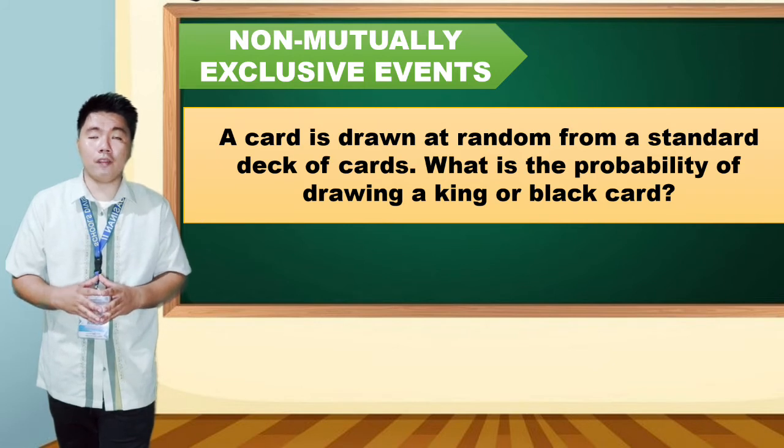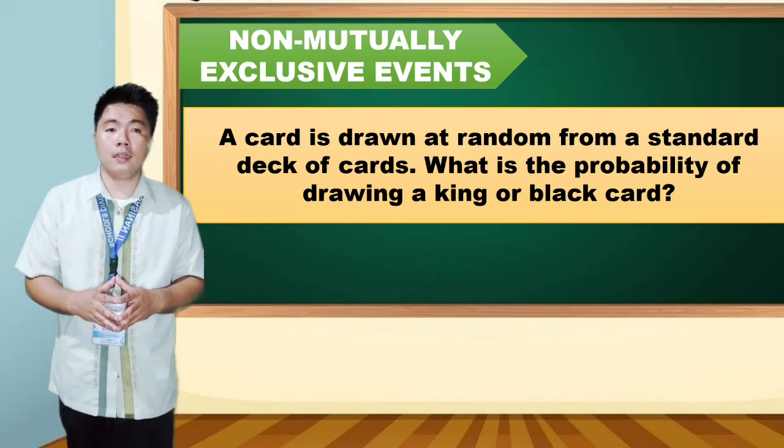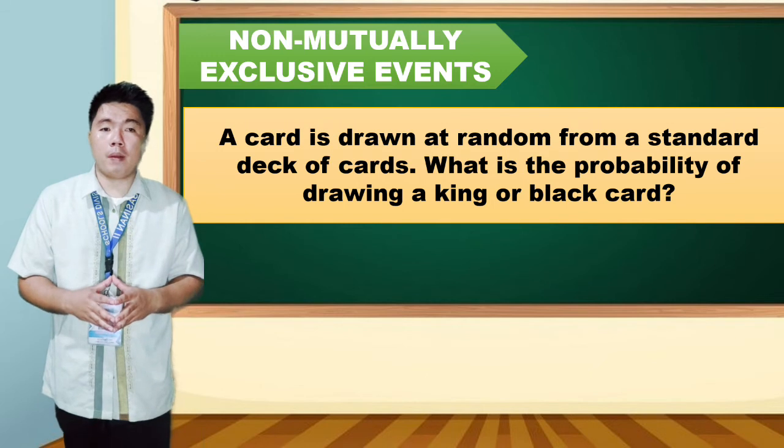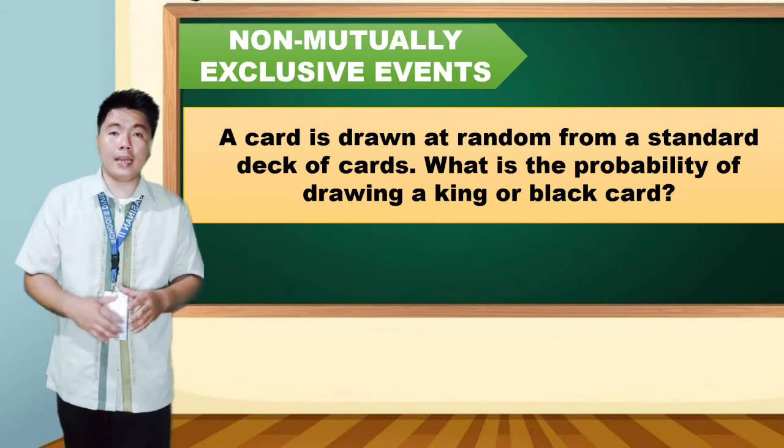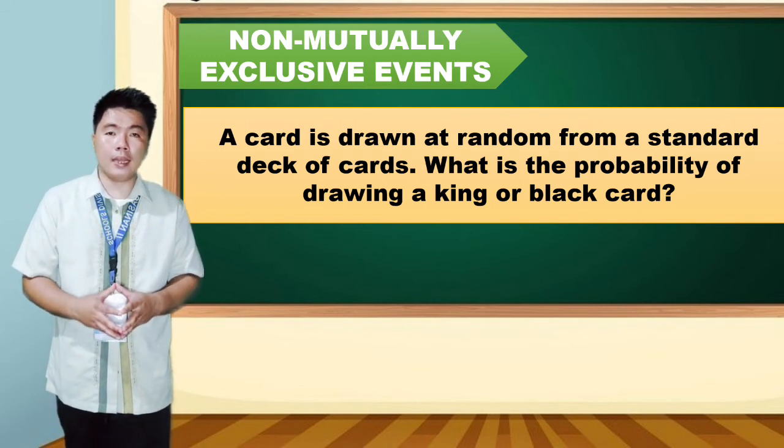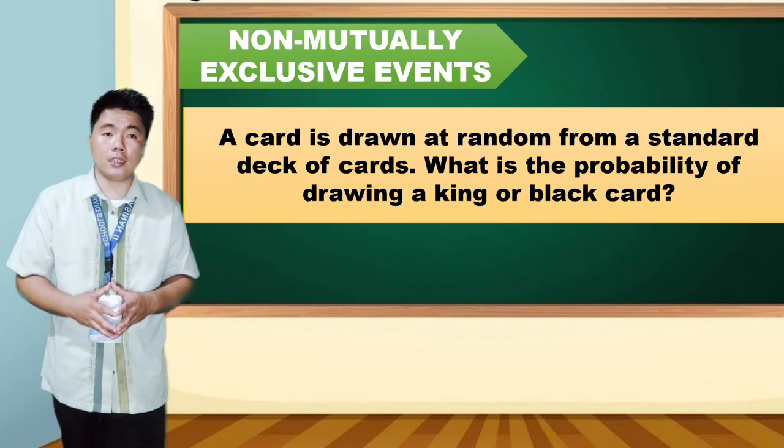So probability of king or black is equal to probability of king plus probability of black minus the probability of king intersection black.